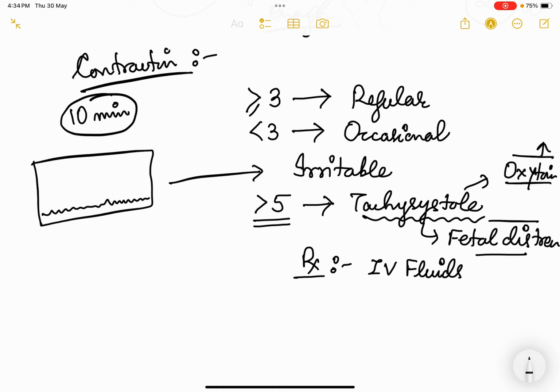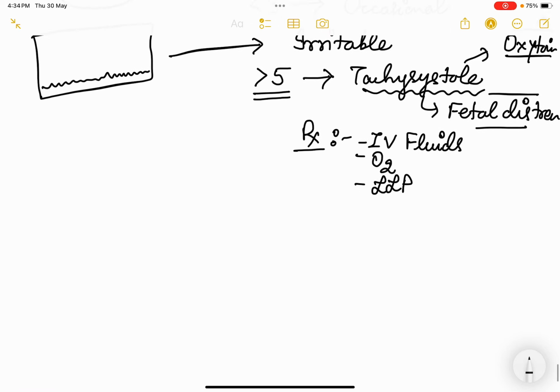When the oxytocin level increases very much in blood, then the uterus keeps on contracting. Or if you have given a very high dose of misoprostol or dinoprostone gel, if prostaglandins are given in very high amount, then also uterine contraction will rise. So in that case, you have to dilute the oxytocin level in the blood with IV fluids, and also give oxygen and left lateral position, so that the oxygen supply to the fetus increases.